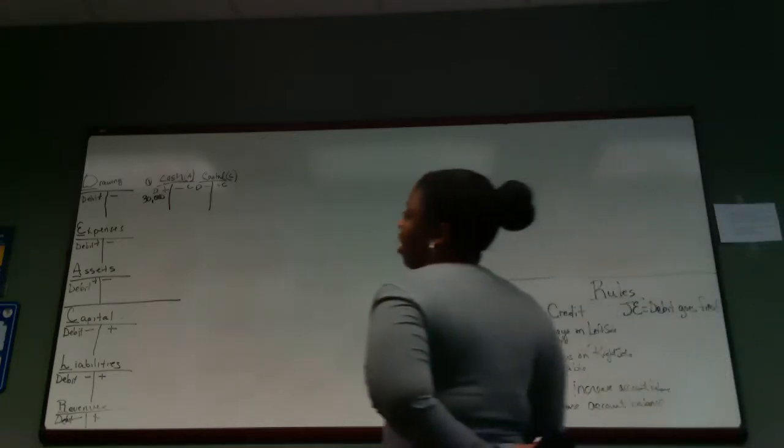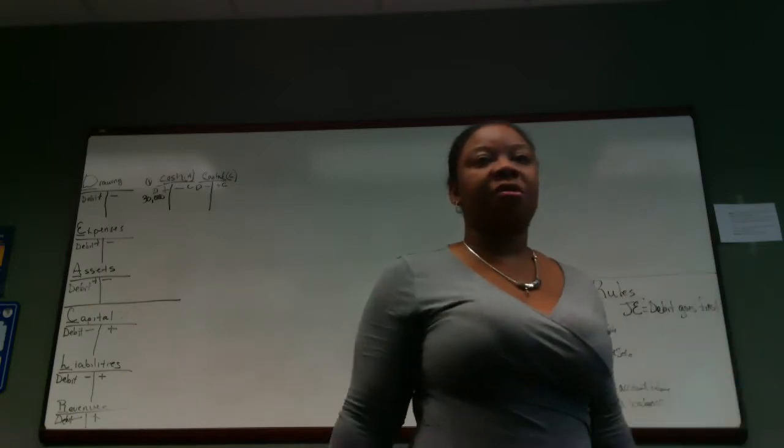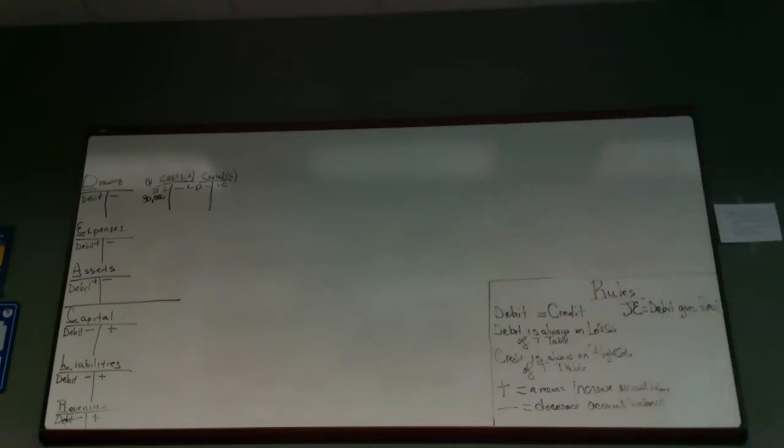So let's talk about his capital account. So he put in $30,000 into the business. So inside of this business, what was his capital account before he put any money into it?